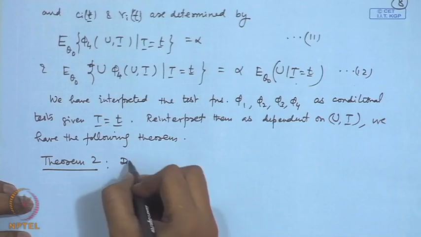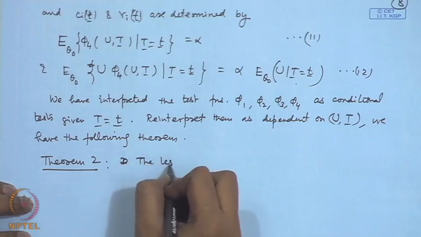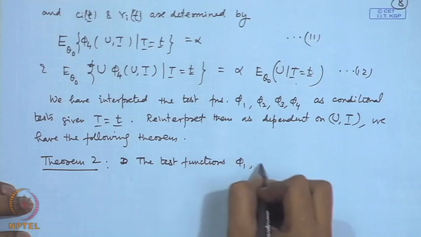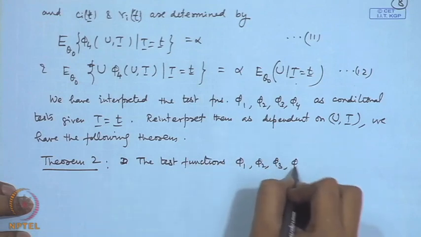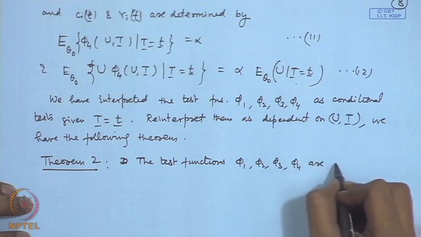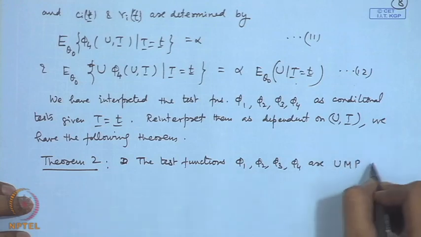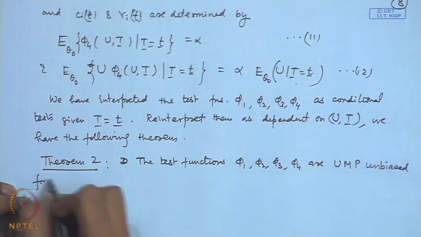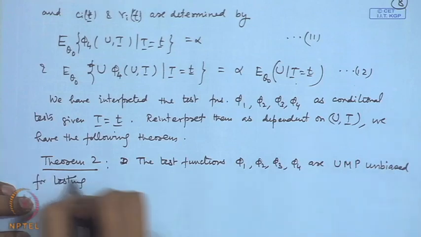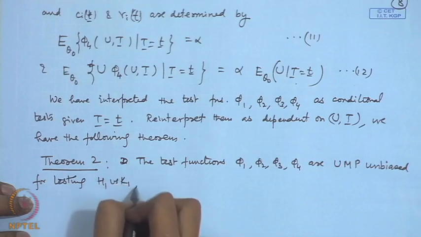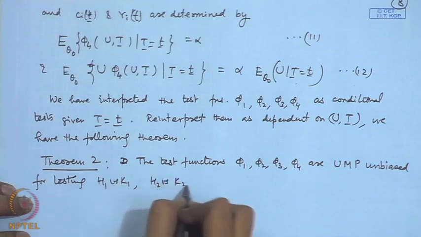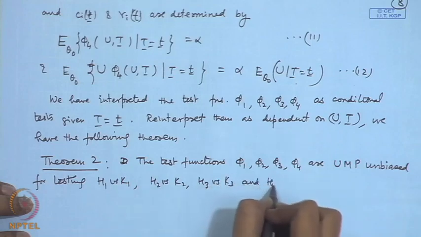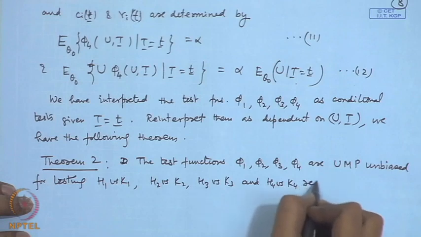So, the test functions phi 1, phi 2, phi 3, phi 4 are UMP unbiased for testing H 1 versus K 1, H 2 versus K 2, H 3 versus K 3 and H 4 versus K 4 respectively.